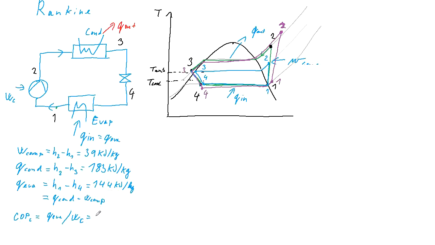And we get the value of 3.692. So per each unit of energy that we give into the compressor, we will get 3.6 units of energy in the cooling load.